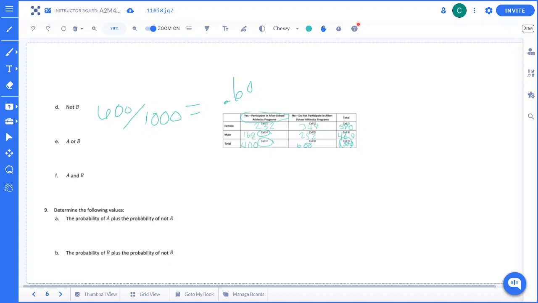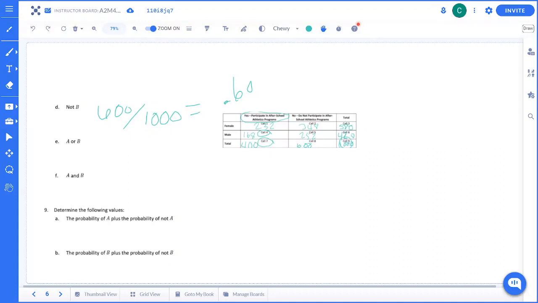Okay, so A or B. That would mean female and/or participates in an after school activity. Well, to do that, you're going to have to do some adding here, because we need all the female possibilities and those participating in an after school activity.